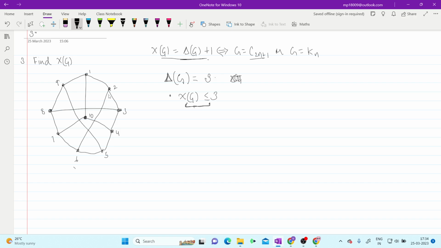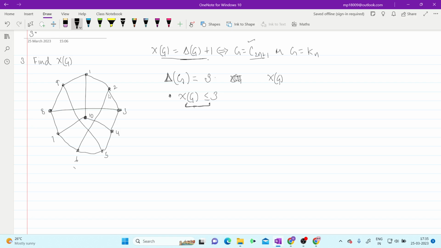Now we have to see what the chromatic number will be. We first noted that the chromatic number will be less than or equal to 3. So what is the chromatic number for this? 4, ma'am. No, the chromatic number for this is less than or equal to 3. It cannot be 4. Chromatic number is equal to maximum degree plus 1 if and only if G is a complete graph or an odd cycle.